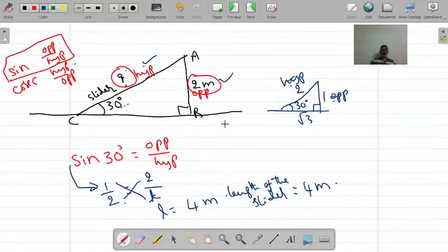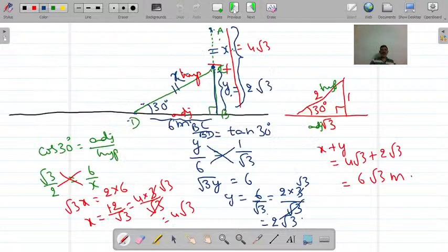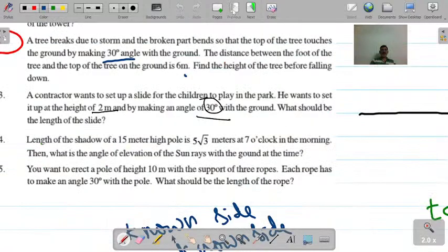Okay, now we will go for one more problem. This is the question I am going to discuss now. Length of the shadow of a 15-meter high pole is 5 root 3 meters.